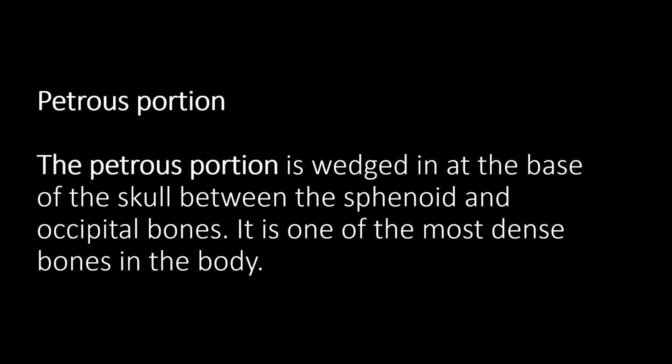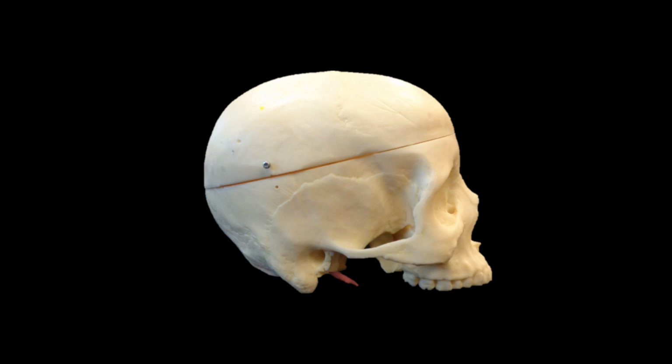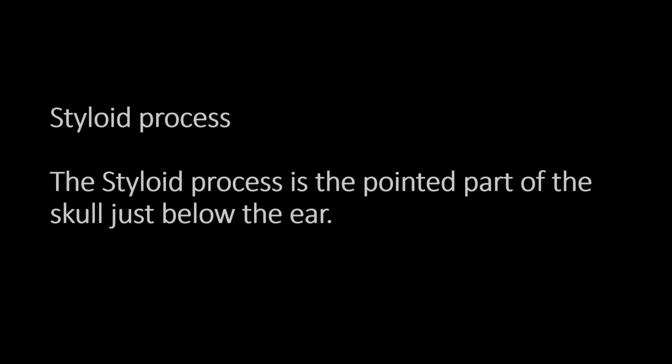It is one of the most dense bones in the body. Name this anatomical area. Styloid process. The styloid process is the pointed part of the skull just below the ear.